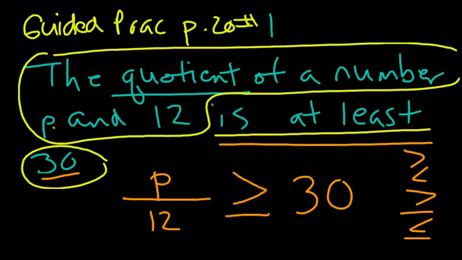That's greater than or equal to. This answer could be 30, or it could be 31, or it could be 30.1, or it could be 30 and a half, but it has to be either 30 or something bigger. So this inequality that you wrote, p over 12 is greater than or equal to 30, is the answer to that question.